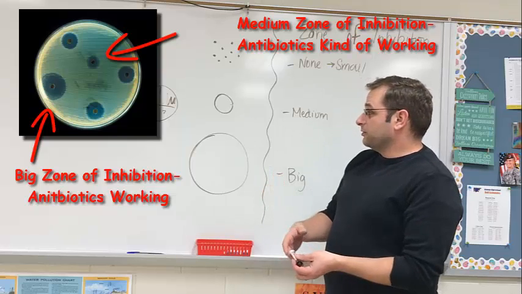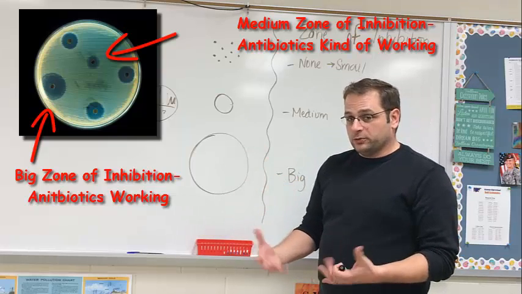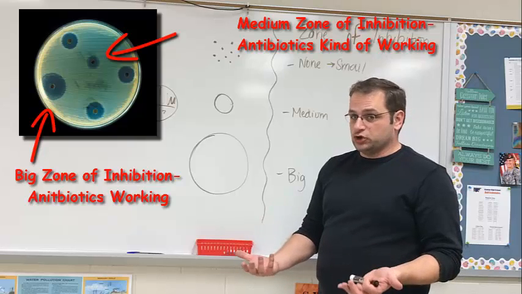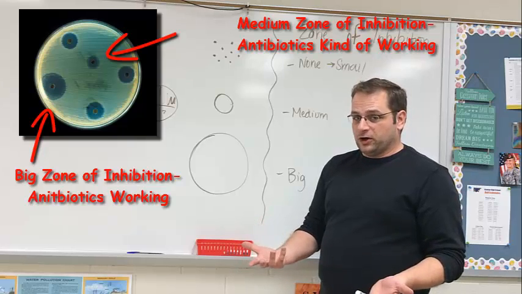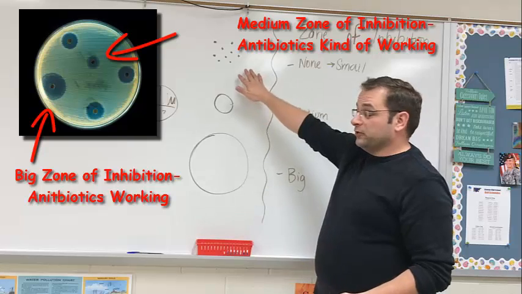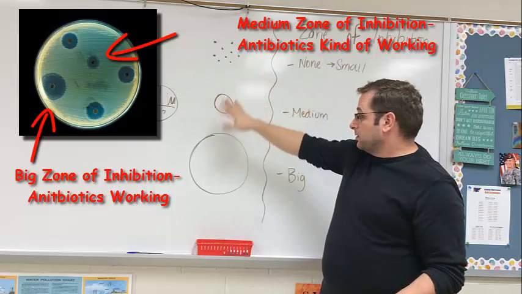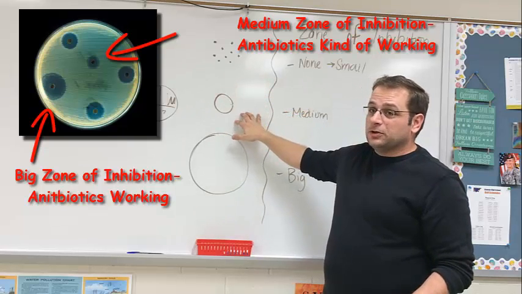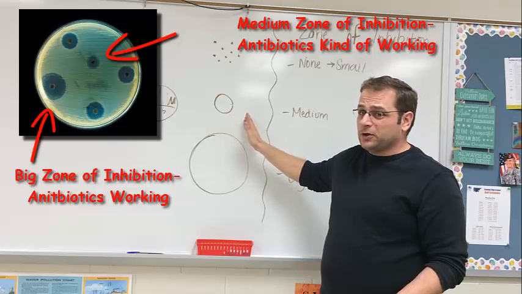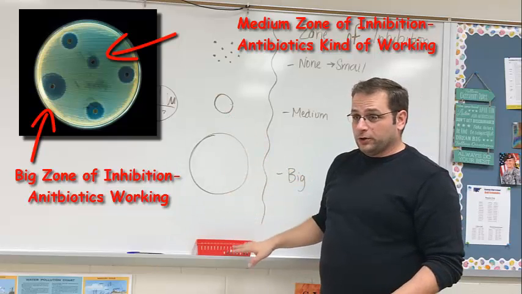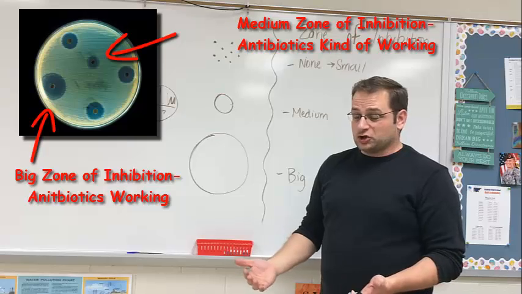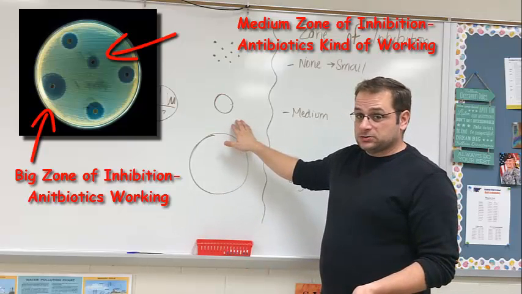If they get a big circle and a good reaction, they know we should give this to that person. It'll fight off that infection. If they only get a couple dots in the sample, it's not effective. If it's a medium one, they could try that one, but there's probably a better antibiotic that'll work, though depending on the type of infection, they might be limited to this, okay?